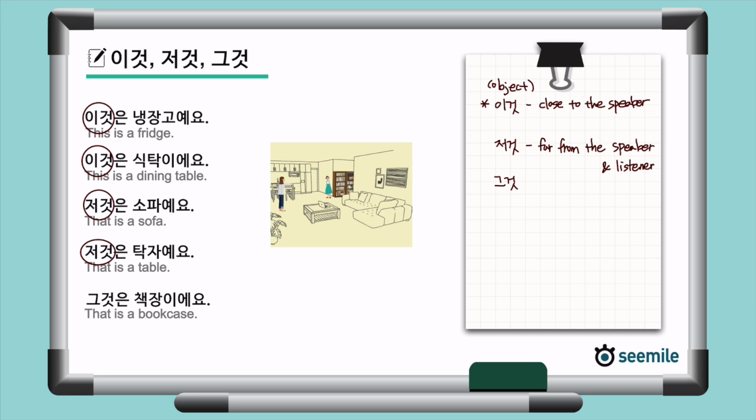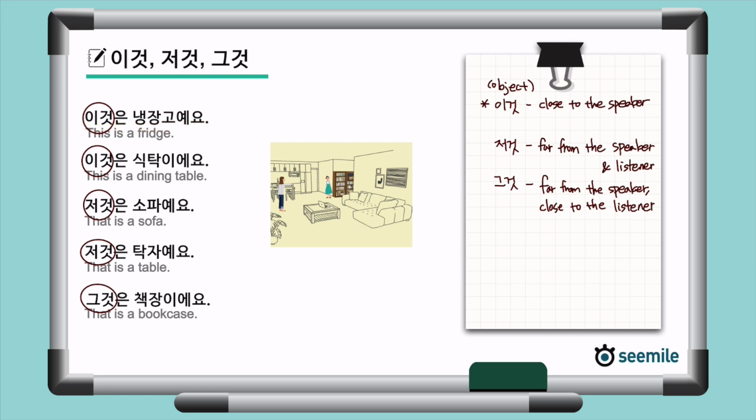The bookcase is far from Aram but close to Hitomi, so 그것 is used, a word to point out something that is far from the speaker but close to the listener. 그것은 책장이에요.